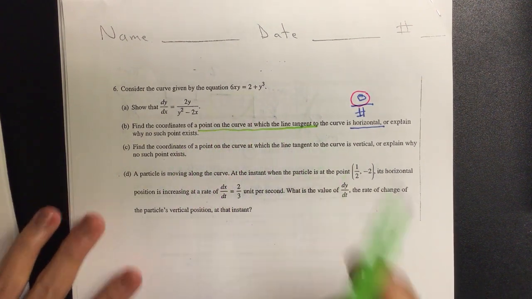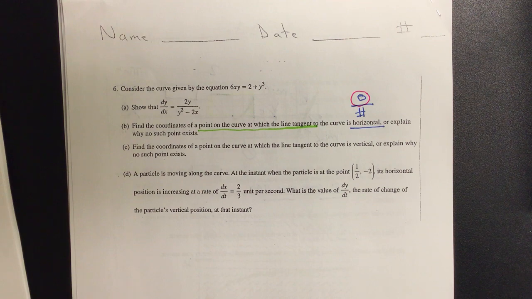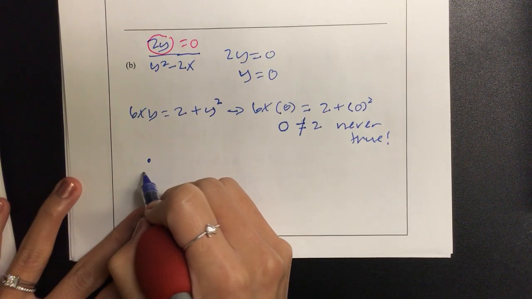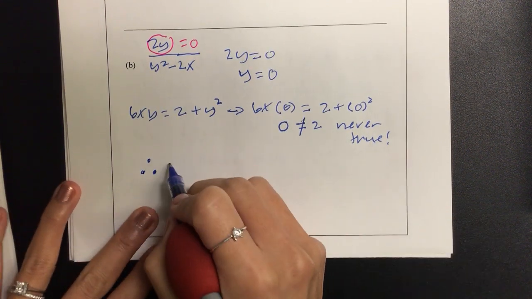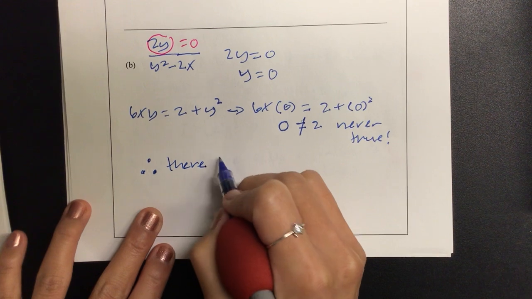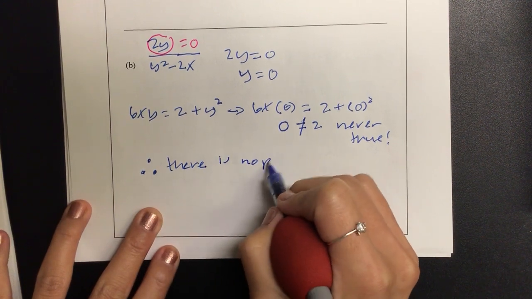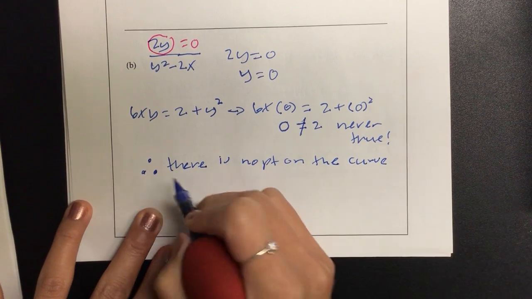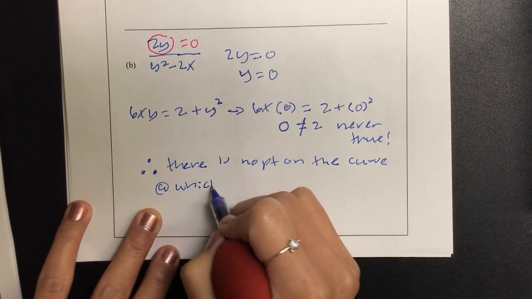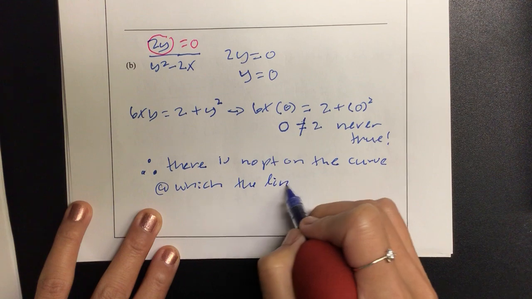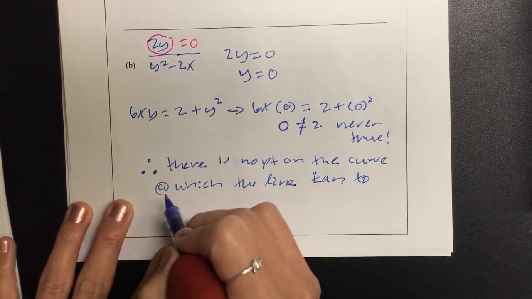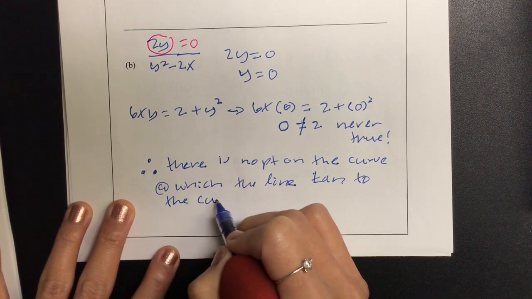So I'm going to start with, therefore, there is no point on the curve at which the line tangent to the curve is horizontal.